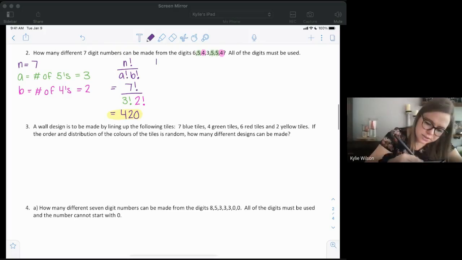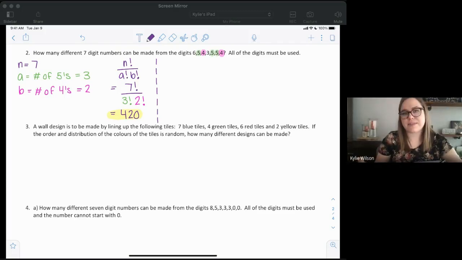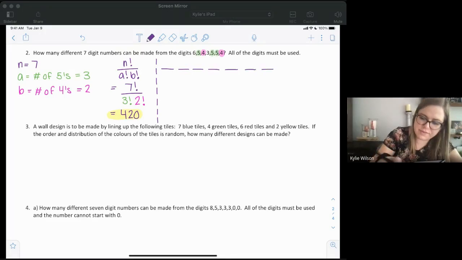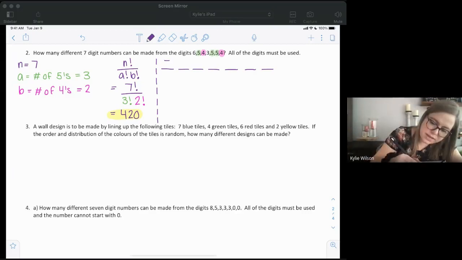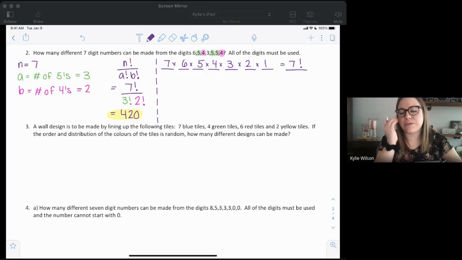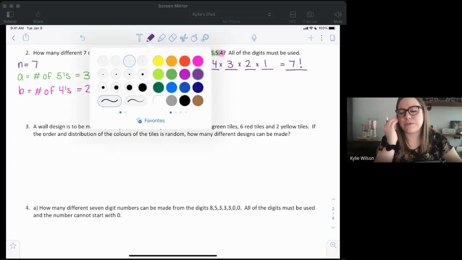Now we'll also do this using the box technique just to give you a better idea. So we have 7 spots, 1, 2, 3, 4, 5, 6, 7. We first start by counting as if we don't have any identical elements. So 7 options for the first one, and 6, then 5, and 4, then 3, then 2, then 1. So we have 7 factorial, but we need to account for those identical elements.